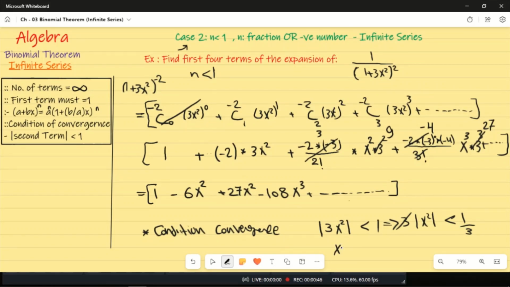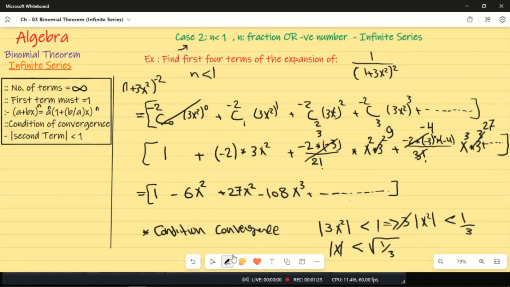So the available values to substitute for x: absolute x is less than the square root of 1 by 3. So the only available values of x are between negative square root of 1 by 3 and square root of 1 by 3.